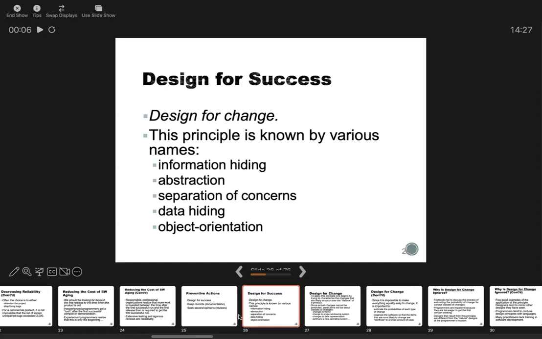We even need to be robust in updating cases. So there are some principles that are very much related to the principle of success. That is, say, information hiding, abstraction, separation of concern. Some are data hiding and object orientation.